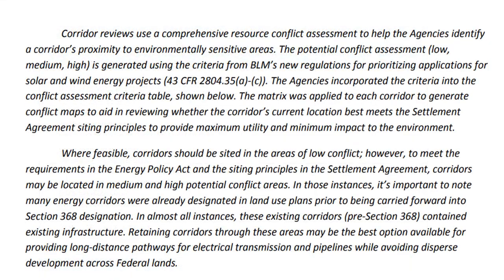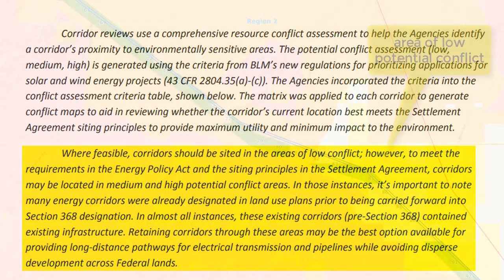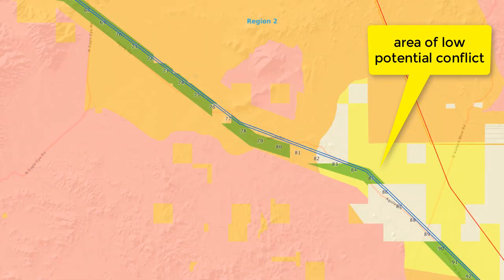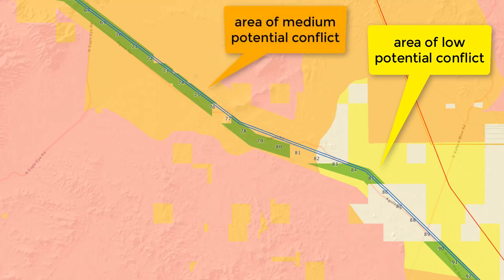Now let's briefly go over some perspectives for the analysis. Where feasible, corridors should be sited in areas of low conflict. However, to meet the requirements in the Energy Policy Act and the siting principles in the settlement agreement, corridors may be located in medium and high potential conflict areas.